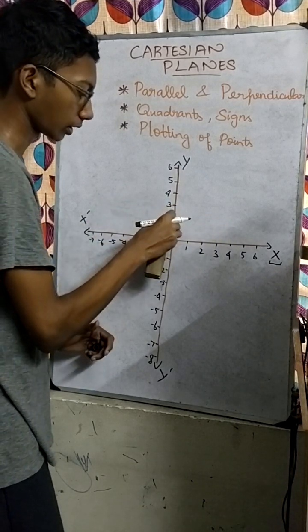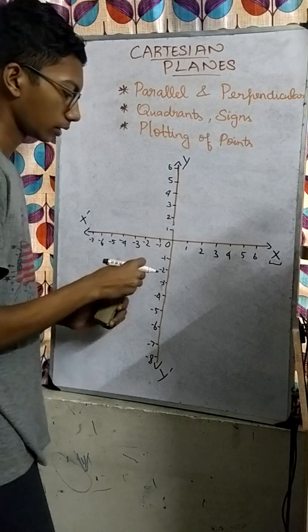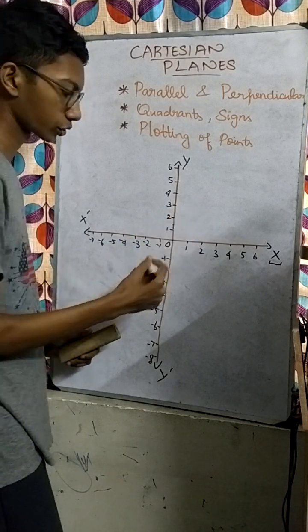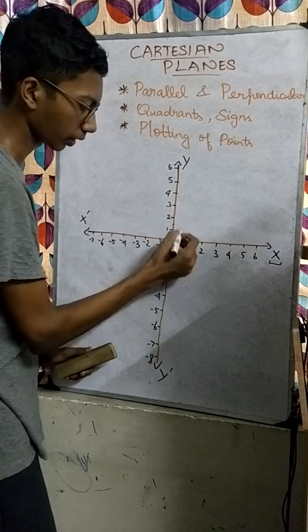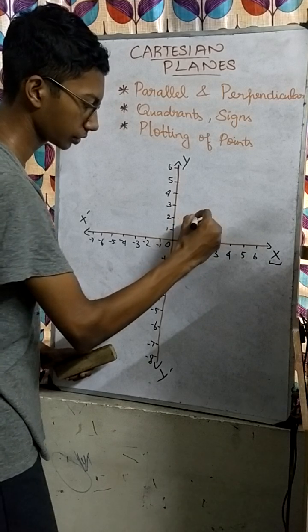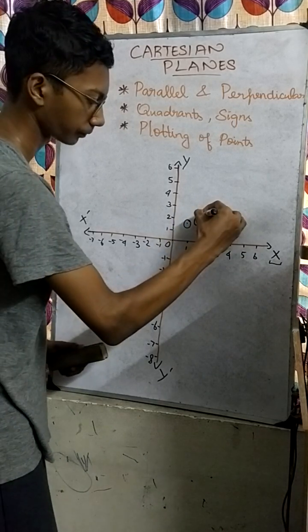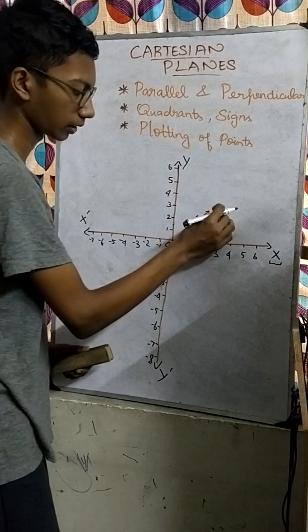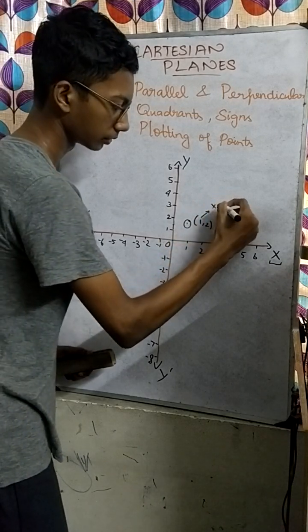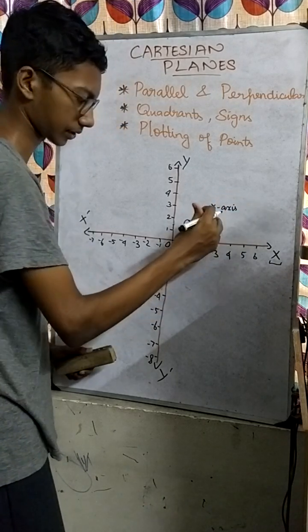Now let's say we have to denote a point that is 1, 2. So this is the point 1, 2. But how do we find this? Here, the first number is the number on the x-axis.